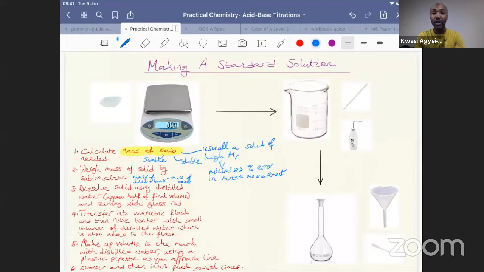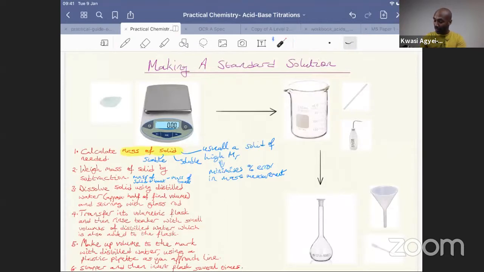Okay, so you're going to add about 200 centimeters cubed of water if we're making a 500 centimeter cubed standard solution. Okay, so what you're going to do next, having dissolved your solid in about 200 centimeters cubed of distilled water, is to transfer it via a funnel into our volumetric flask.